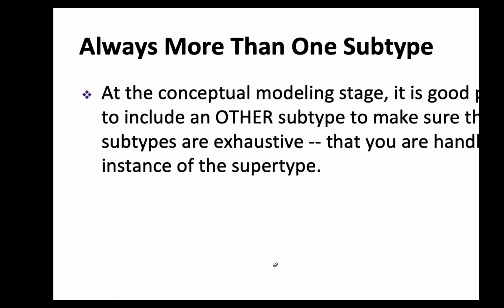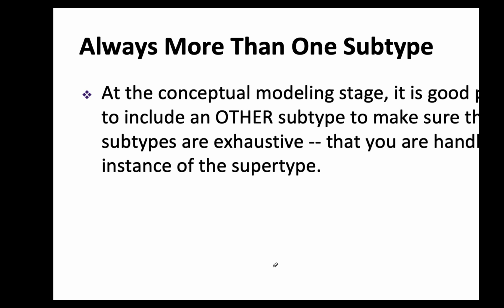So at the conceptual modeling stage, it is good practice to include an other subtype to make sure that your subtypes are exhaustive. So in the previous case, when we have payment, we have three subtypes: cash, check, and credit card.